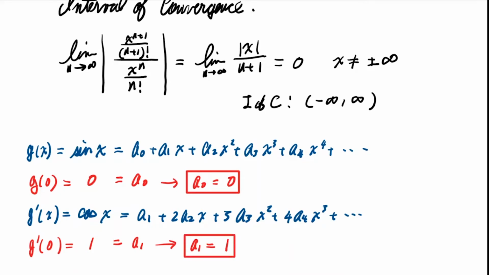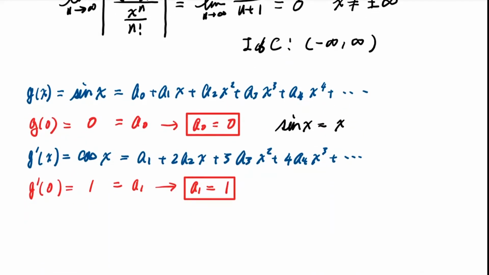So we'll keep track of this function up here. Sine x so far is 0 plus 1 times x. Good. Okay, we'll see what the next one is.